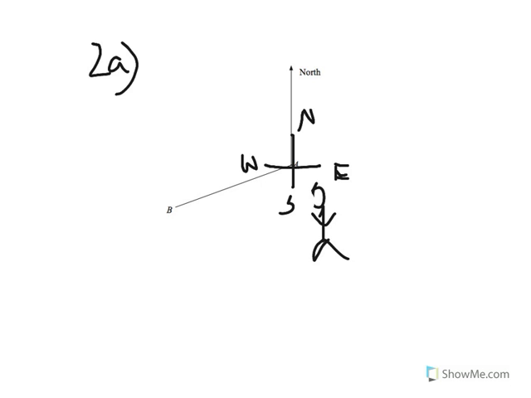Now a bearing is just like an angle measured from north in a clockwise direction to the direction you want to travel in. So from north, you draw a little angle all the way until you reach the direction you want to travel.